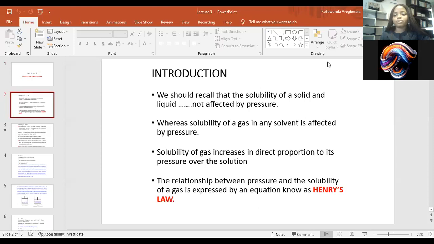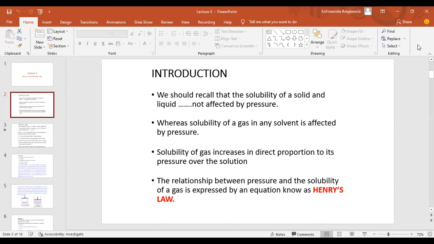Now we should recall that the solubility of a solid and liquid is not affected by pressure.